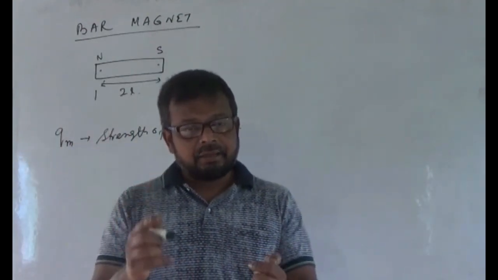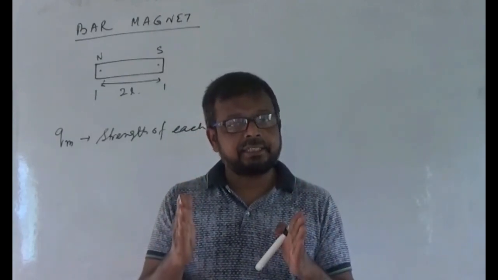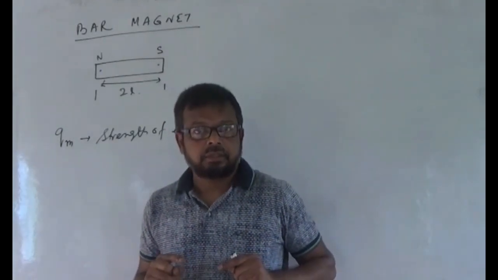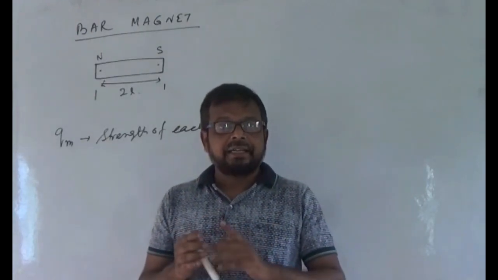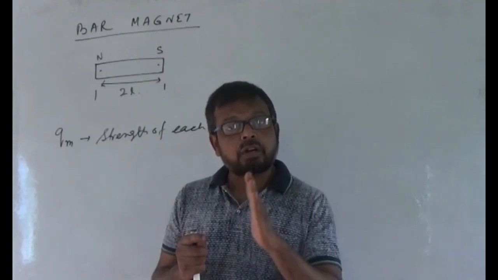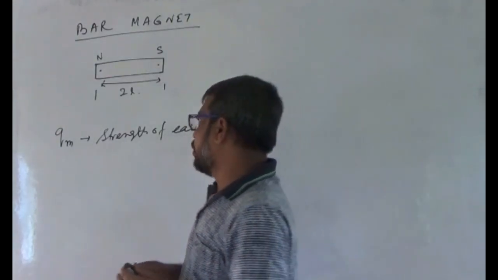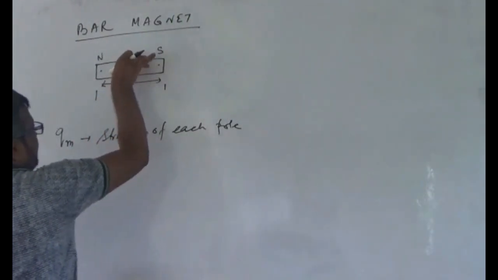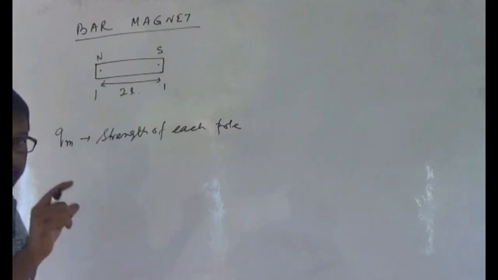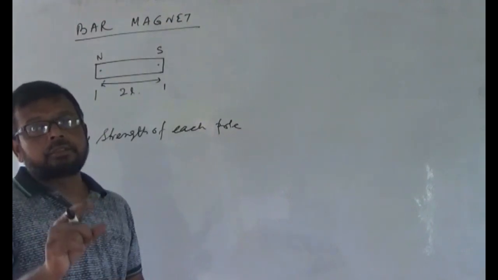Poles are near the ends, but not at the ends. So the magnetic length is smaller than the length of the magnet.